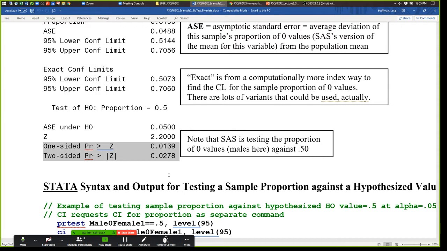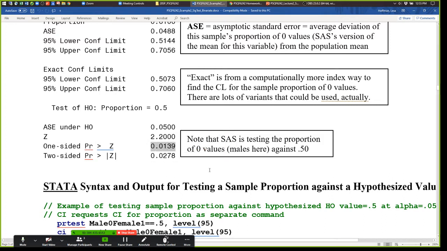Because what these probabilities refer to is, for a two-tailed, the area under the curve to the left of minus 2.2 plus the area under the curve to the right of positive 2.2. It's both put together. Both put together is this p-value of 0.0278, like 3% of the time you'd see a result more extreme.